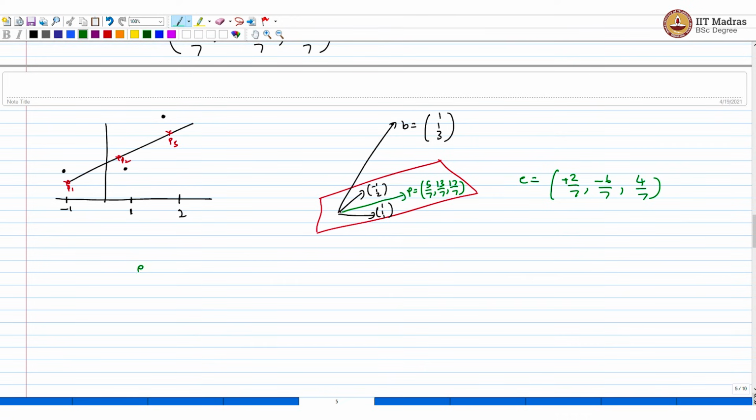And you can see that E is orthogonal to minus 1, 1, comma 2, and E is also orthogonal to 1, comma 1, comma 1. So, E is in the orthogonal space. Yeah. So, that is what I wanted to show here.